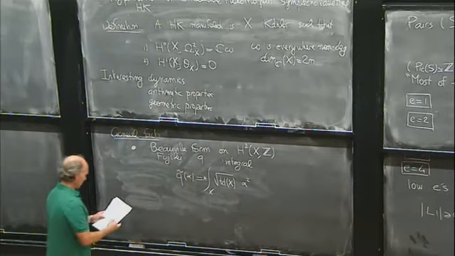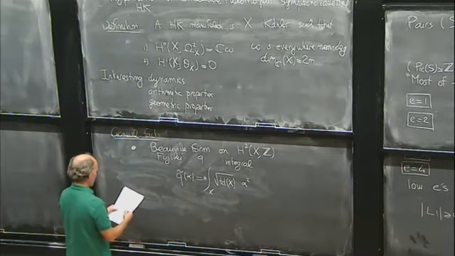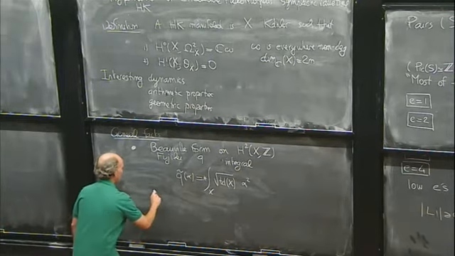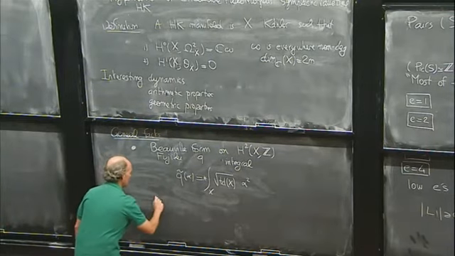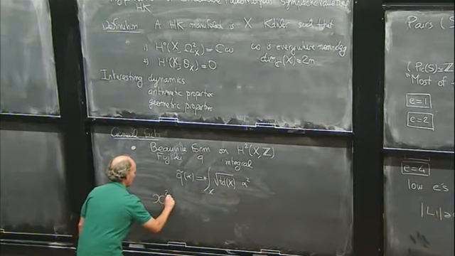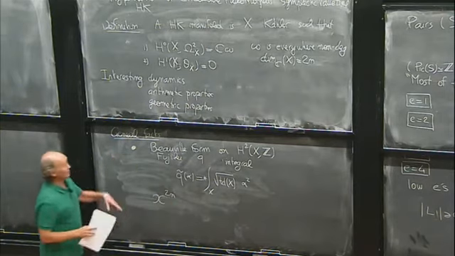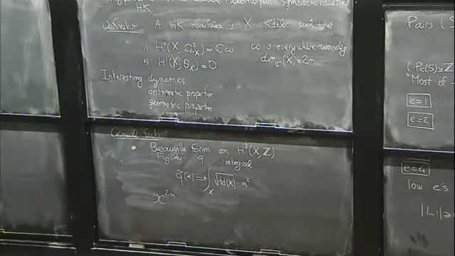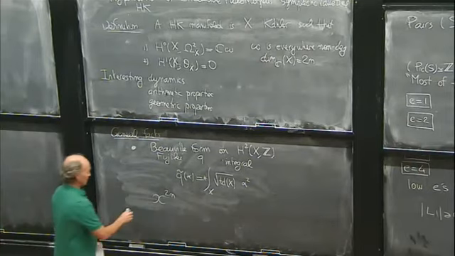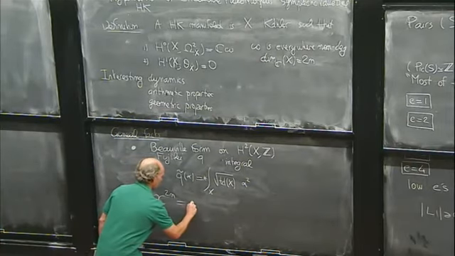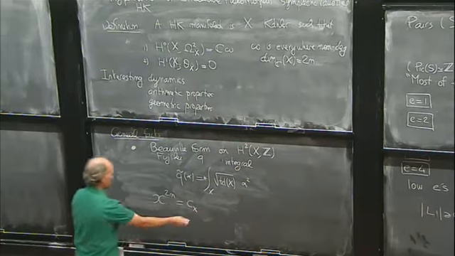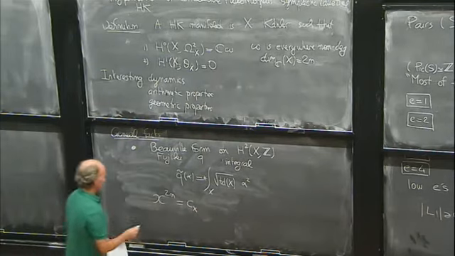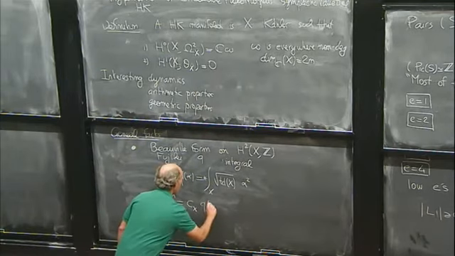And so the form that we'll use will have the property that whenever you have a class x in H2, x to the 2m, so that's going to be an element in H4m(X,Z), which is Z, so that's an integer. That's going to be some number, which is called the Fujiki constant, times Q(x) to the power m.